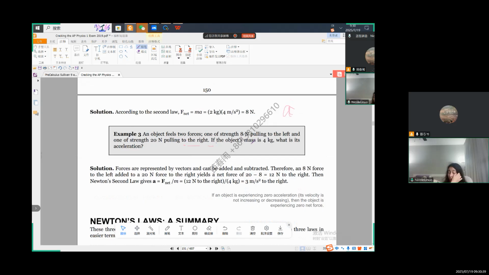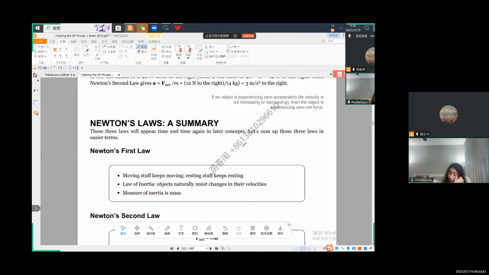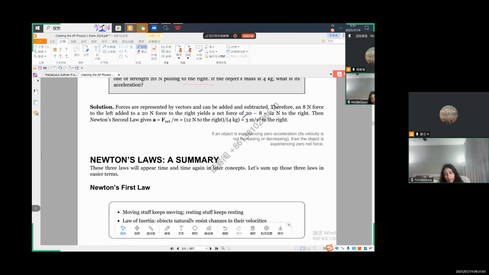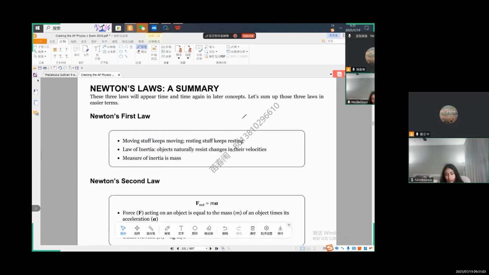Oh, to the right. Say to the right or to the left, you have to choose. But don't I write it on F, not on the acceleration? Well, F and acceleration are the same. F net is to the right, and acceleration is also to the right, because acceleration also has direction.